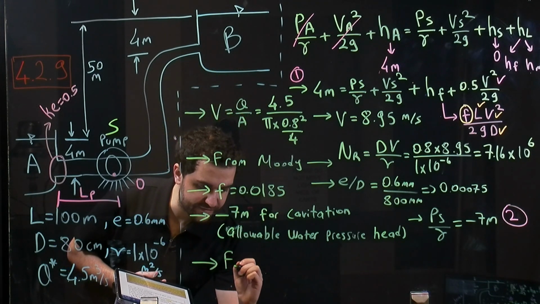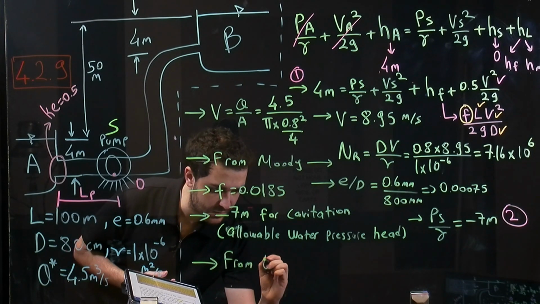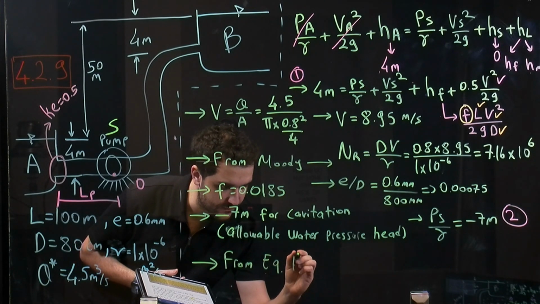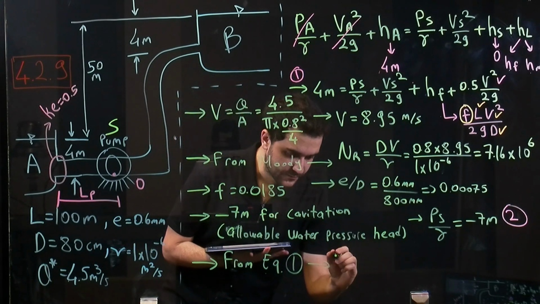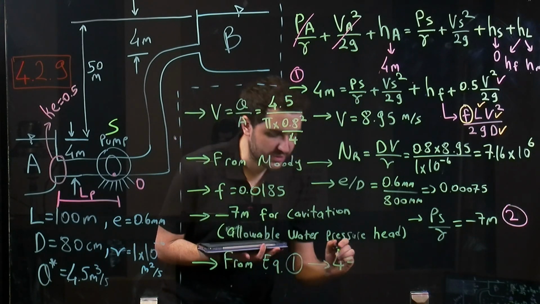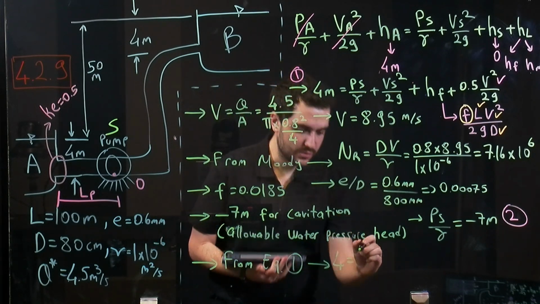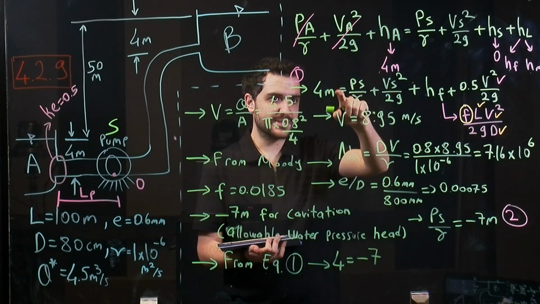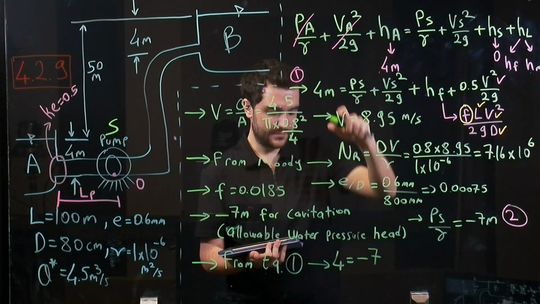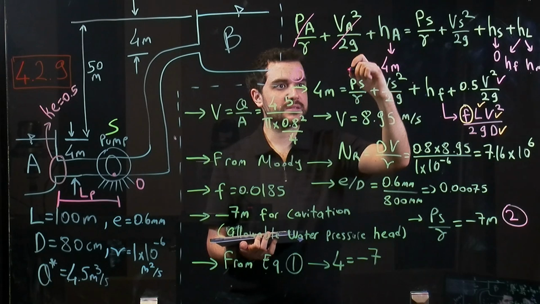So let me write from equation 1, 4 meters is going to be equal to minus 7, which is this term. Actually, let me write that.